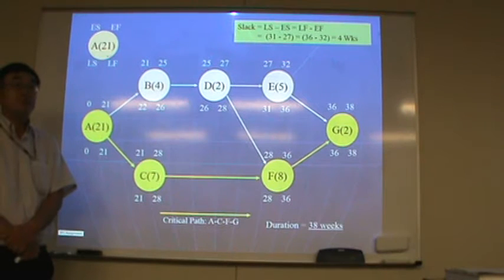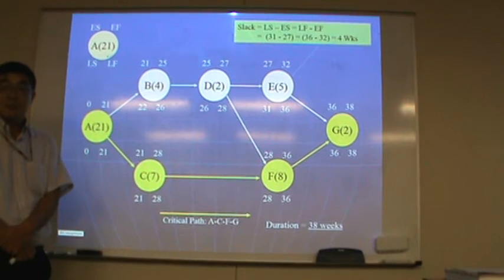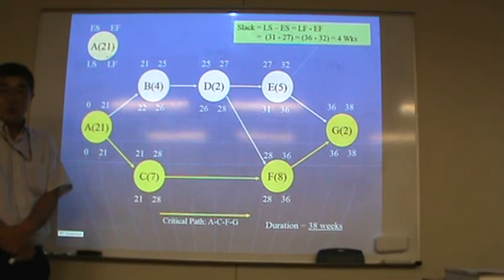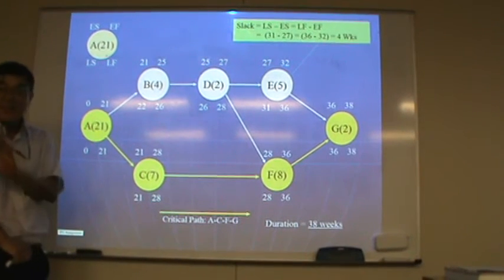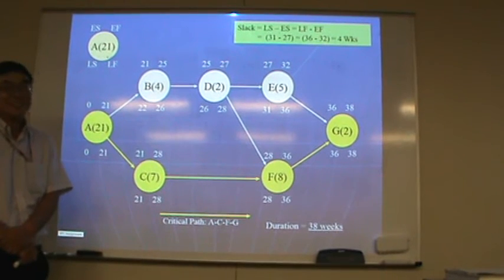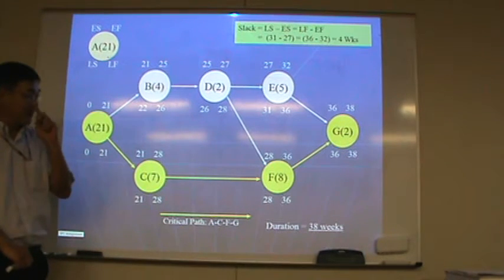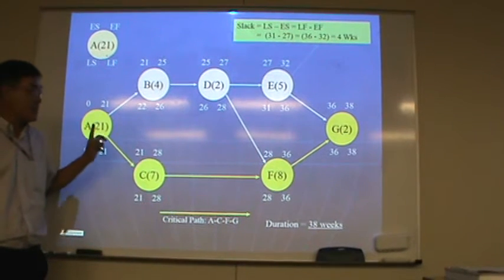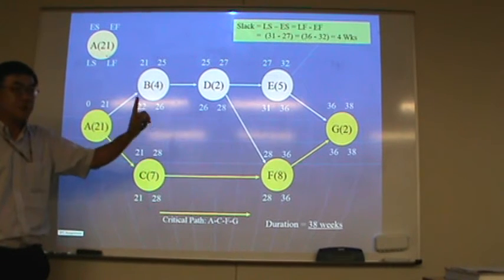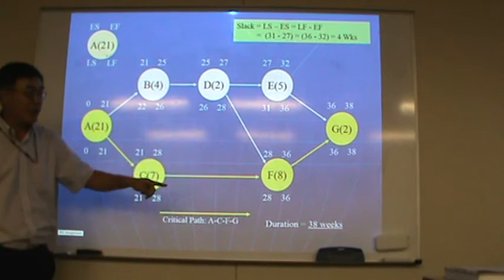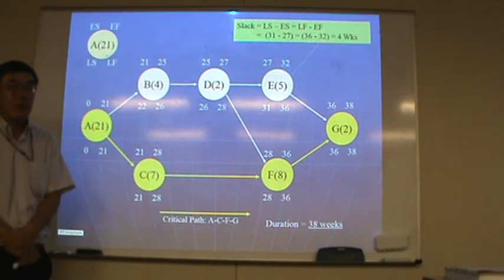Okay? Too fast? Are you with me? So the critical path is A, C, F, G, and the project duration is 38.